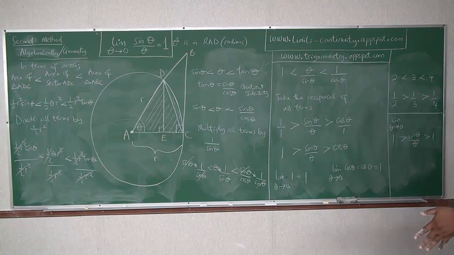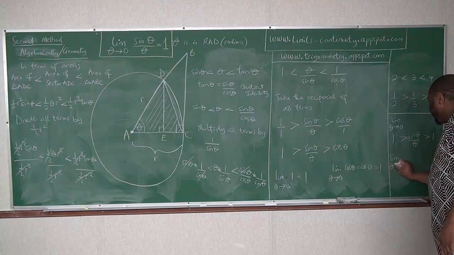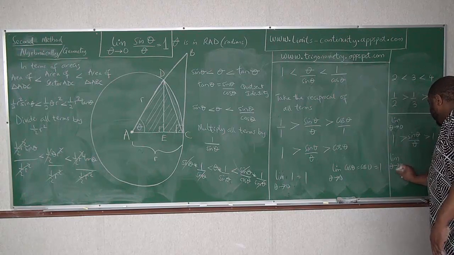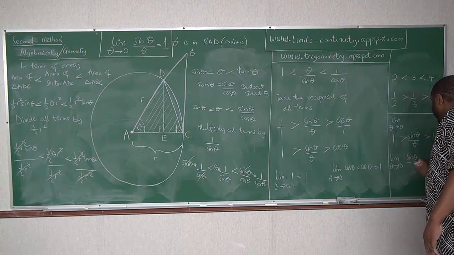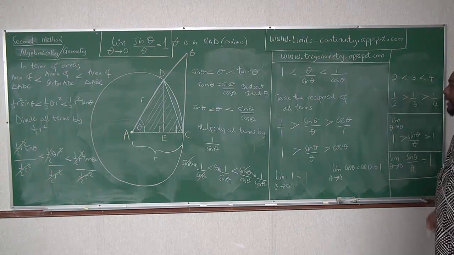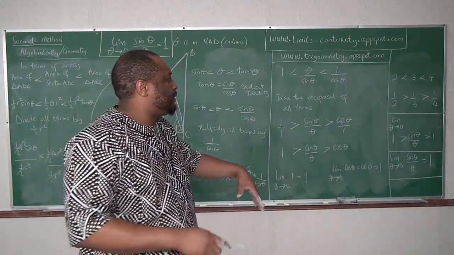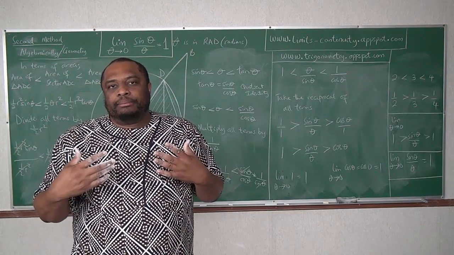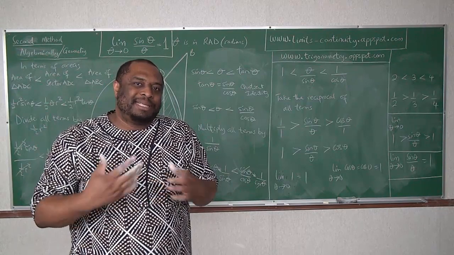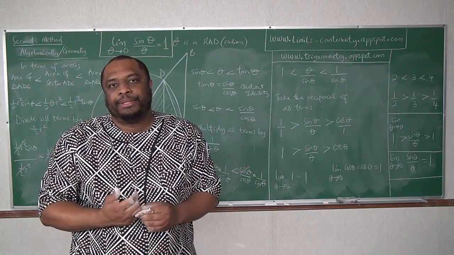Because of that, we now say that the limit as theta approaches 0 of sine theta over theta is equal to 1. This is a very important concept because we are going to use it to determine the derivative of sine x and cos x. That concept is very important.